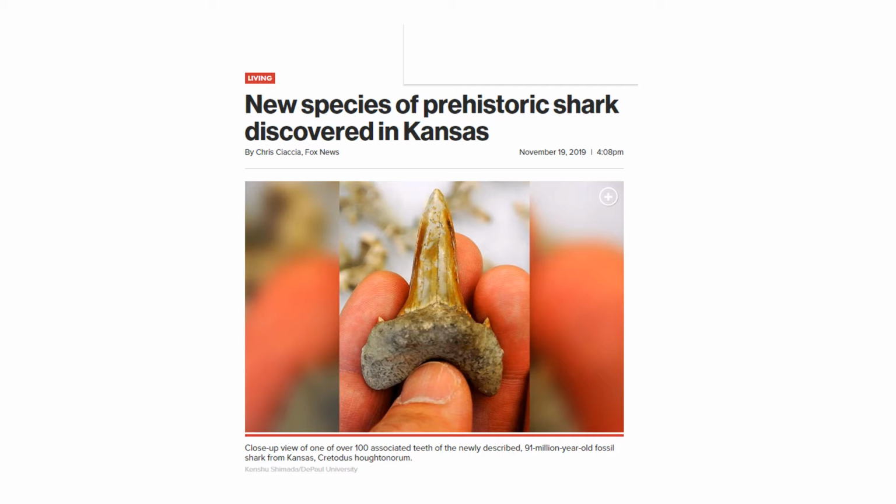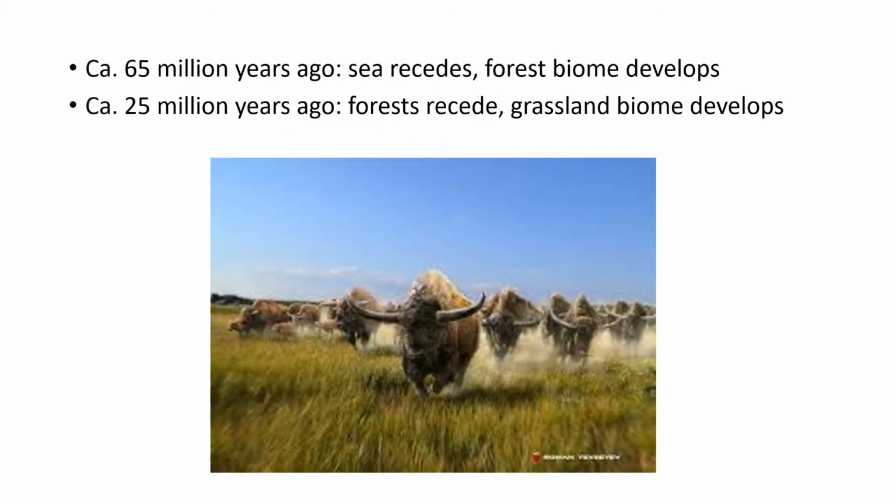Well, about 65 million years ago, the sea receded, and that area was then covered with forest, a forest biome, an environment essentially.